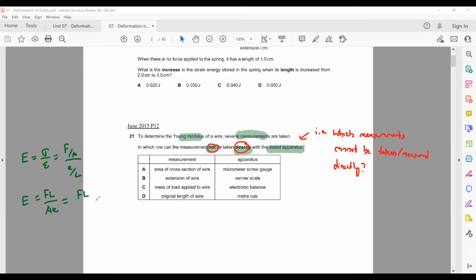Now FL, then this equation here, you can actually expand it a bit further. The force here is actually the weight of a load. So this one will be mg times L. Then this one is talking about circular cross section of a wire.